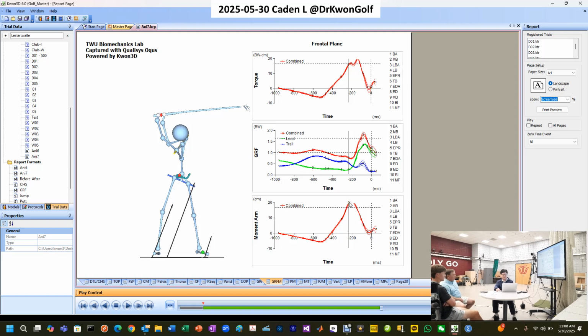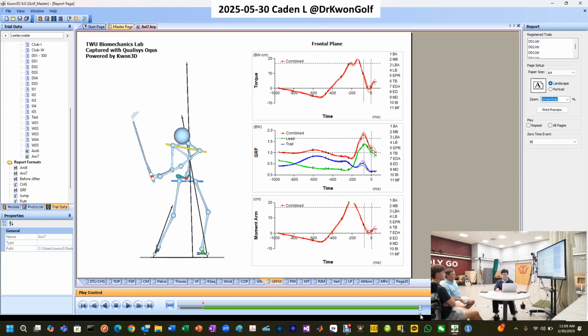And then he has a good amount of torque generated at the beginning of the downswing. He is pretty much maintaining it here instead of going quickly up and then coming down. Okay? And then his maximum force occurs around here, when the club is aligned vertically here.